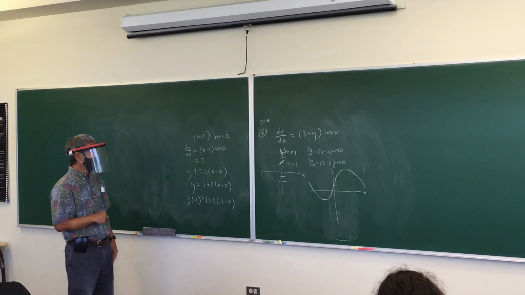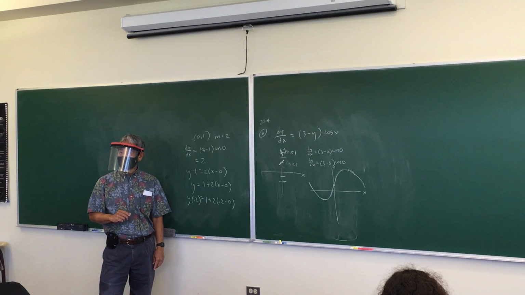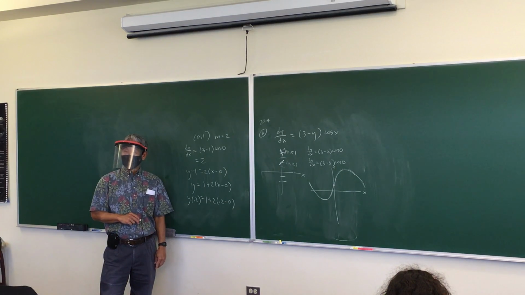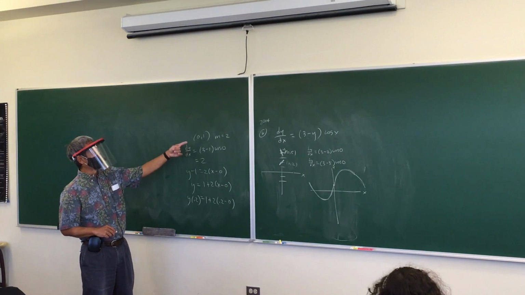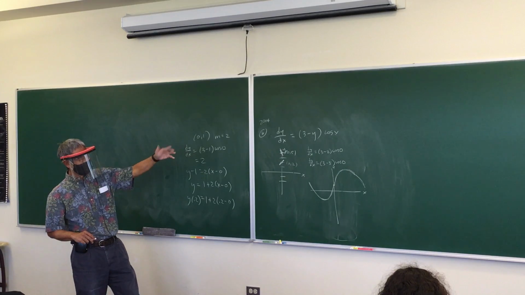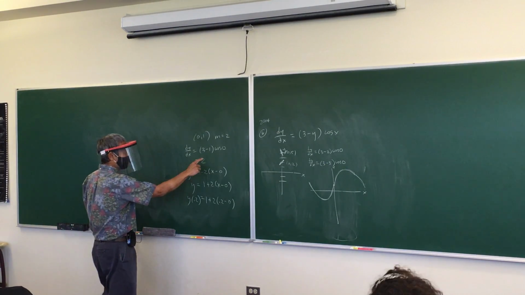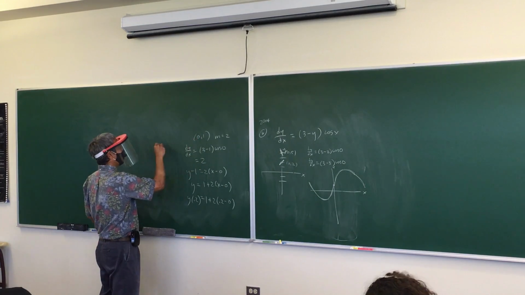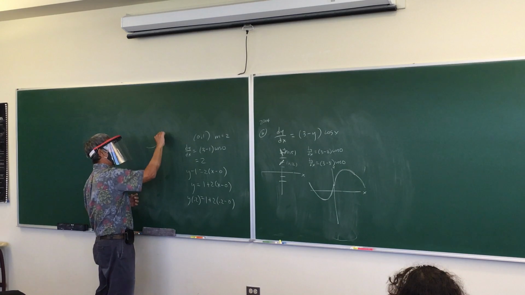Sometimes they're going to ask you, is this an over or an underestimate? You guys remember how to tell? You have to look at the concavity. What you would have to do is take the second derivative, which is very difficult in this problem. Anyway, at whatever this point is, if the second derivative comes out positive, that means the graph is concave up.